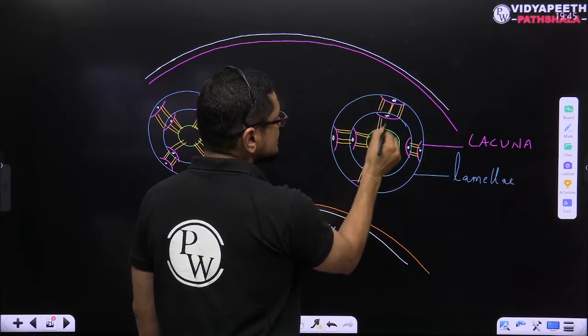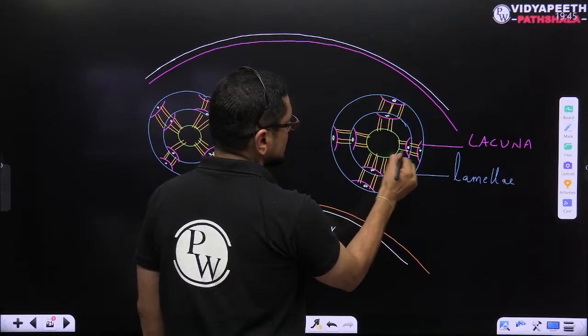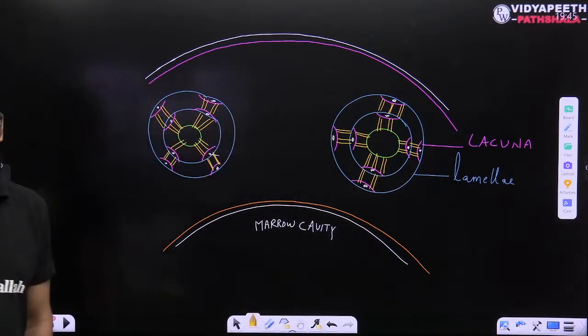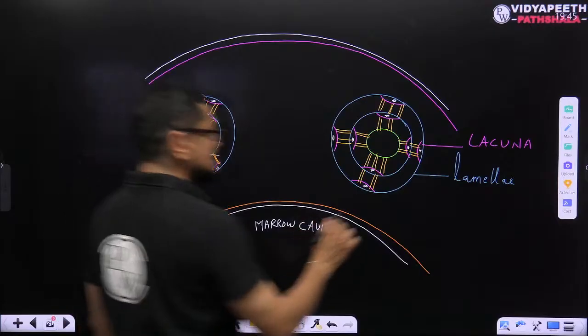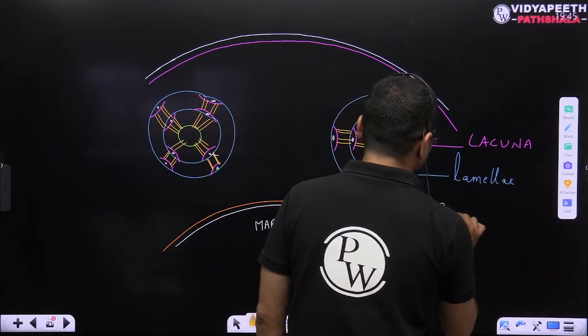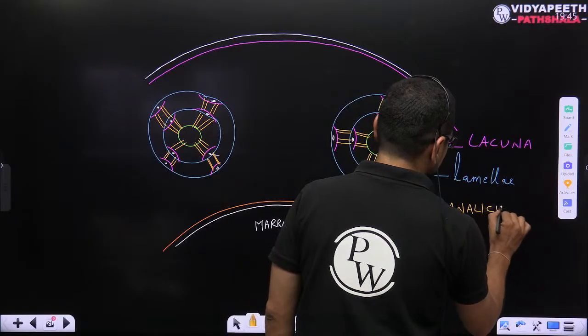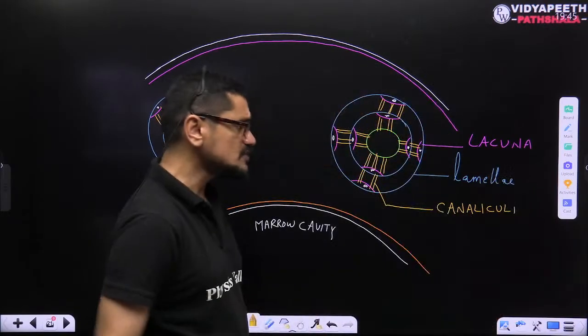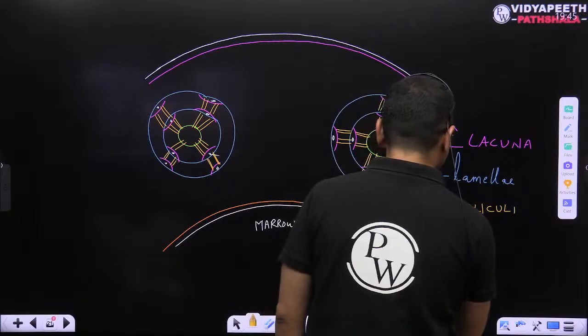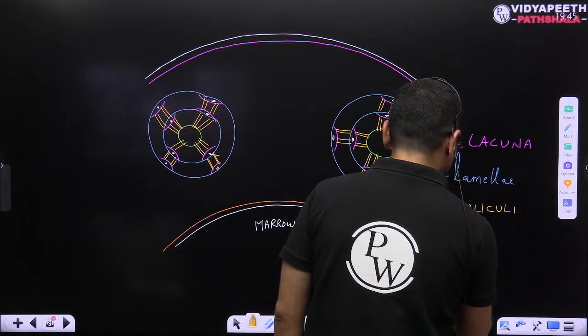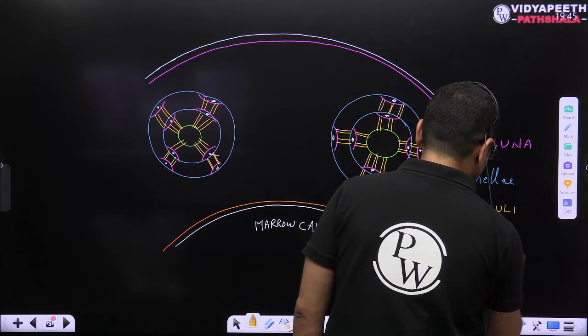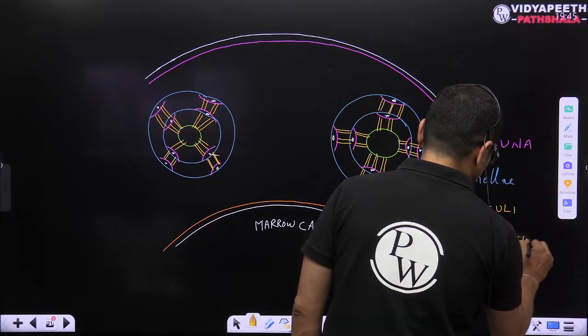Sir, what are these connections? These are the connections between one lacuna and another lacuna, and these connections are called canaliculi, C-A-N-A-L-I-C-U-L-I. Canaliculi are the connections between one lacuna and another lacuna.